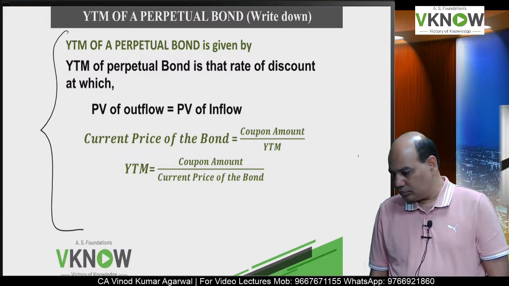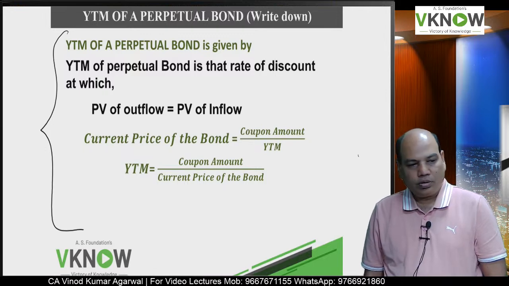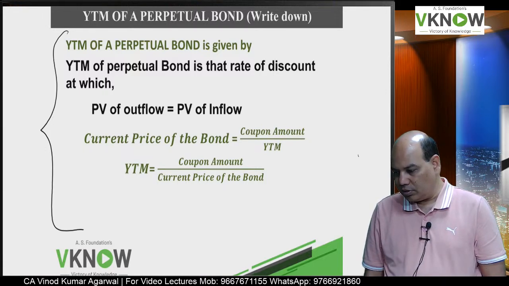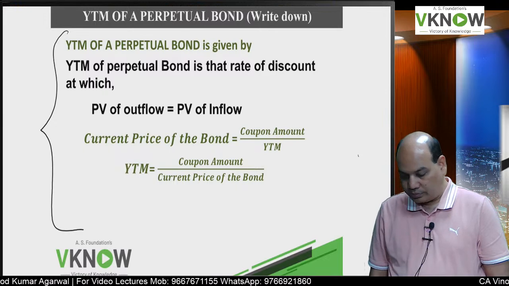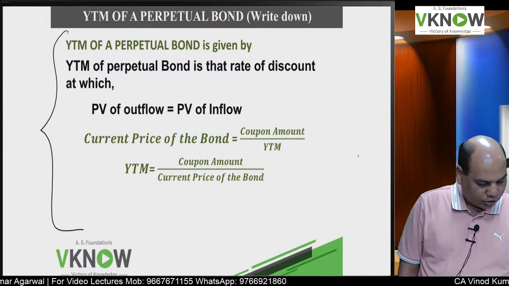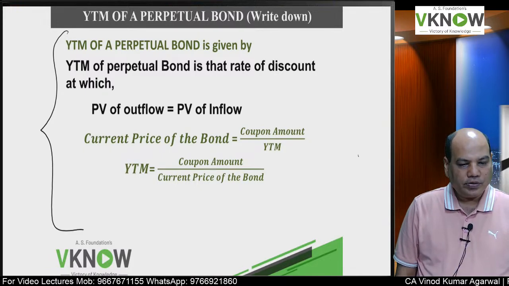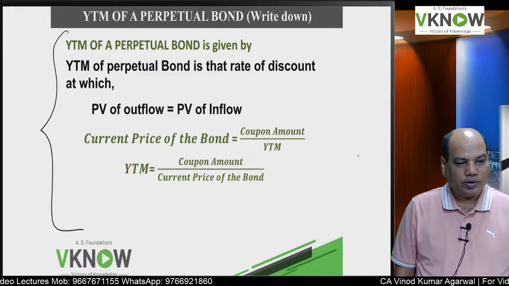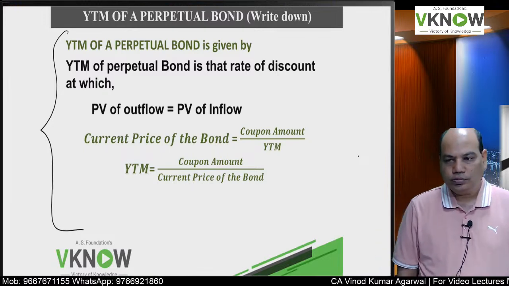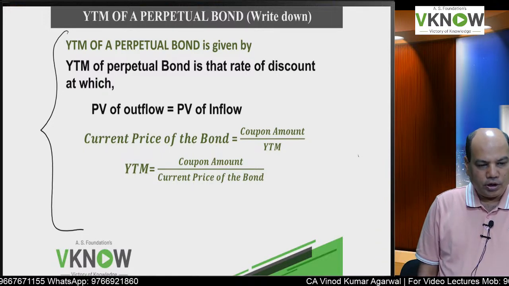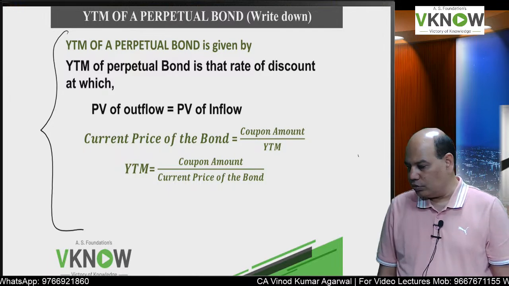Okay, so write down: YTM of a perpetual bond is that rate of discount at which PV of outflow is equal to PV of inflow.